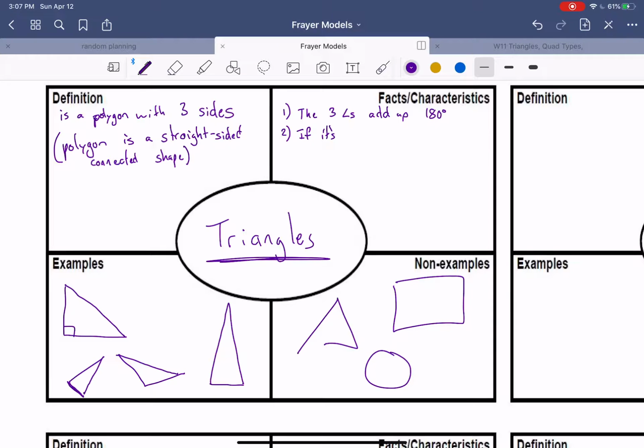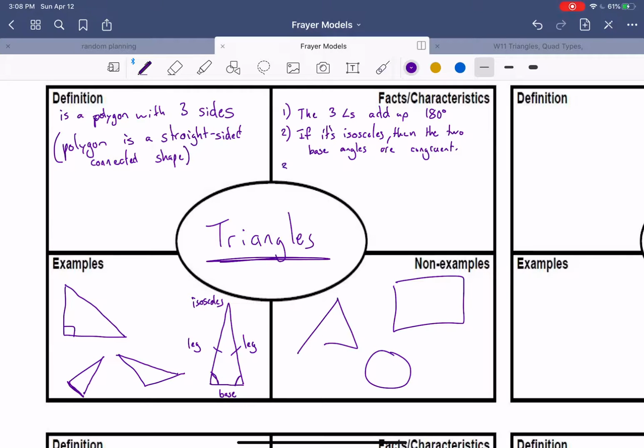If it's isosceles, which means the 2 sides are the same, then the 2 base angles are congruent. And remember, here's our base, here are the congruent base angles, here are our 2 congruent legs. That's if we have an isosceles triangle.